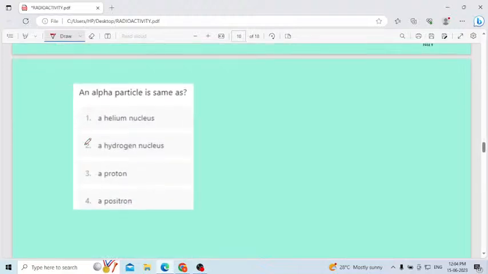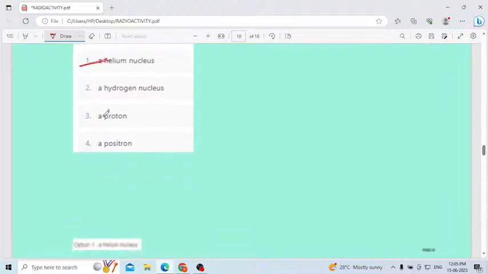The next question is also very easy. An alpha particle is the same as: first option helium nucleus, second a hydrogen nucleus, third a proton, fourth a positron. No need to waste time. An alpha particle is a helium nucleus.